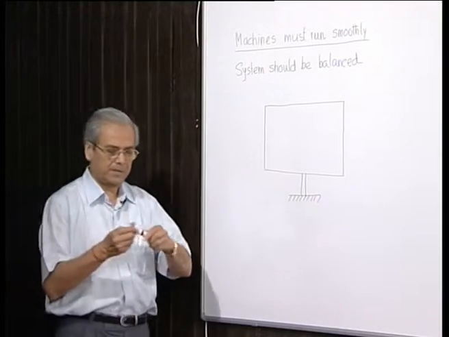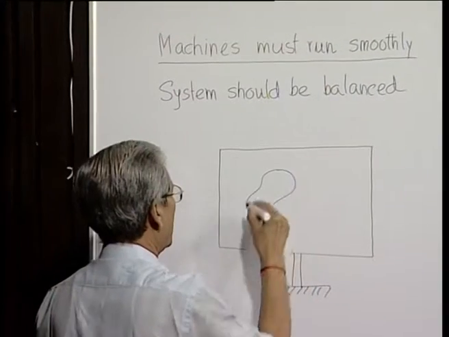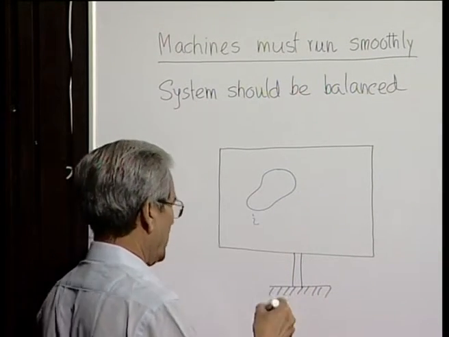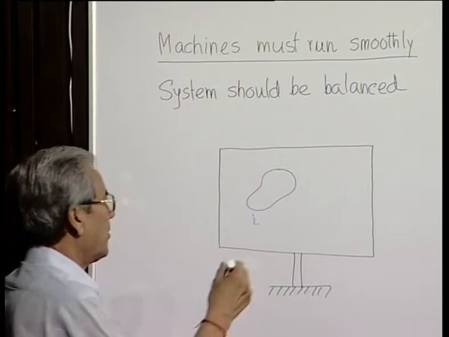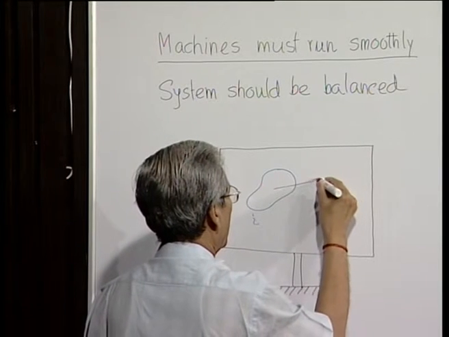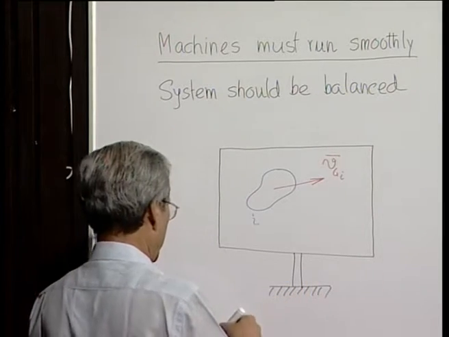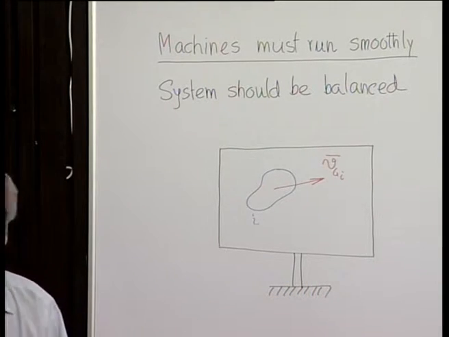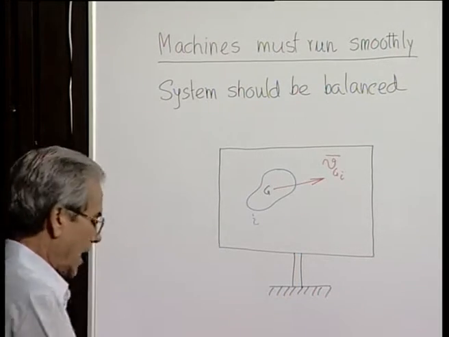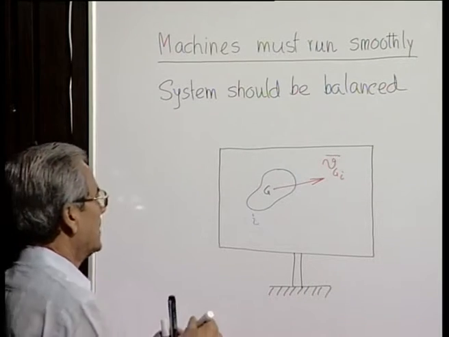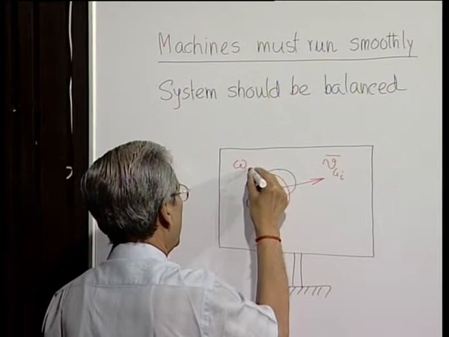Let us consider one of the components of the machine, say i, whose velocity of the center of mass is v_Gi, G being the center of mass point, and it also has an angular velocity omega_i at this instant.